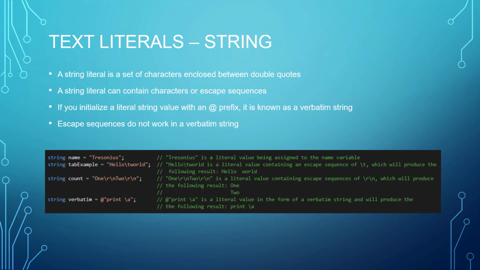So this is actually going to print the word print with a space and print \a. It will not actually treat that \ as an escape character because it's a verbatim string. Okay. Now, is it necessary to know any of what I just told you about these literals? No, you can program without using these text literals, but these text literals do come in handy.